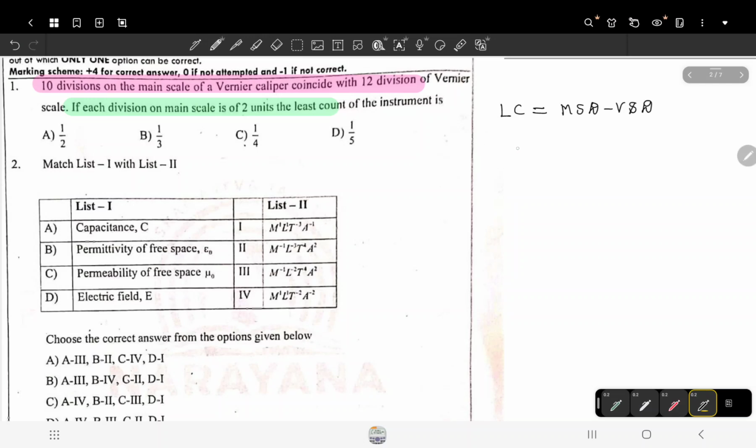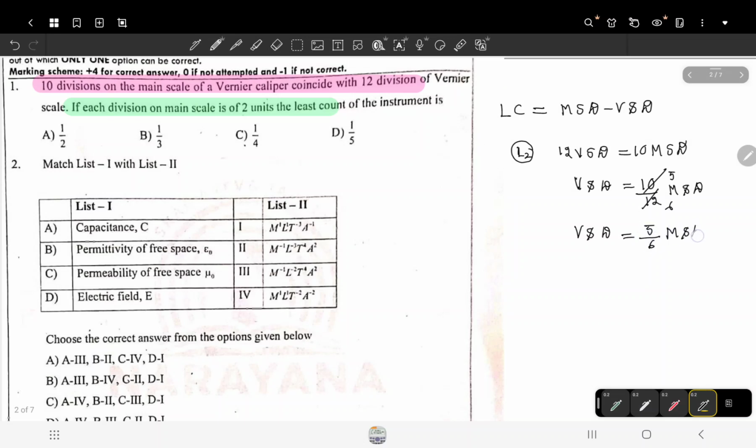So 12 Vernier scale divisions coincide with 10 main scale divisions. Therefore 1 VSD is equal to 10 by 12 MSD. If we cancel this, it is nothing but 5 by 6. Therefore VSD is equal to 5 by 6 MSD.